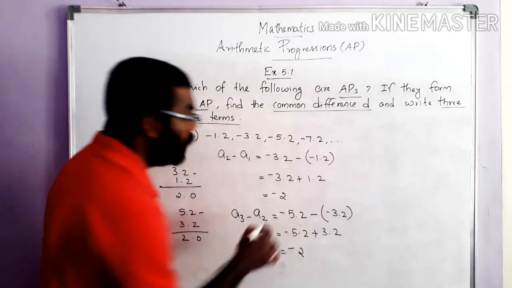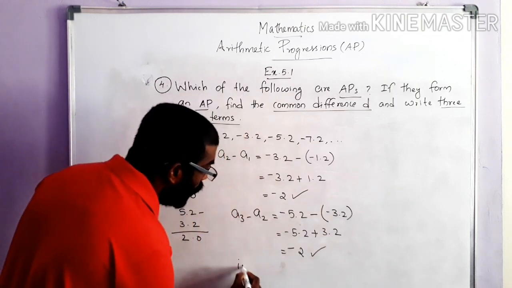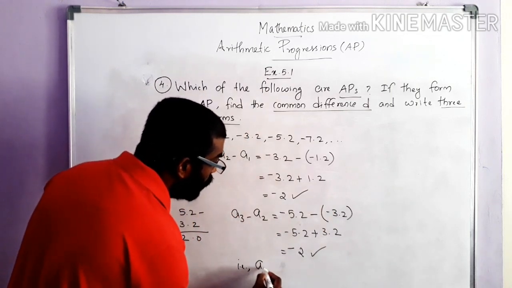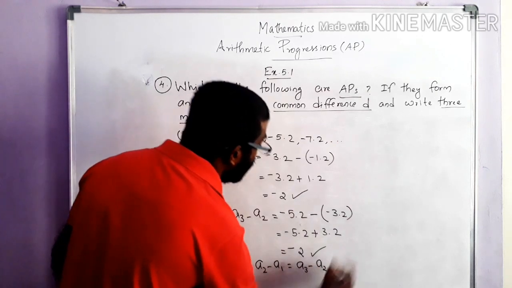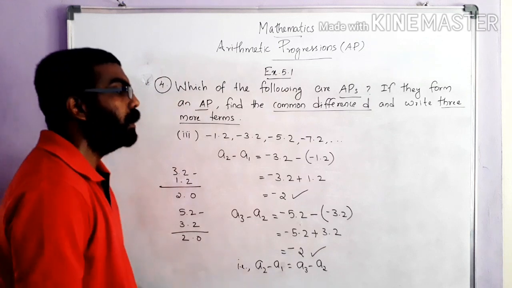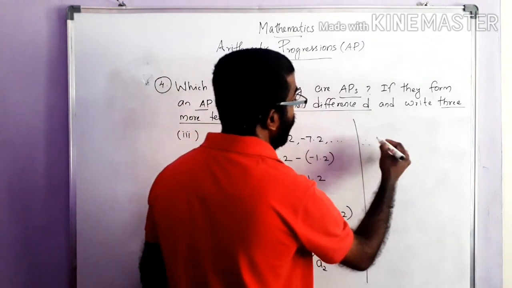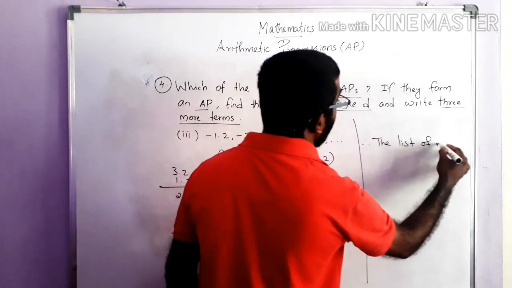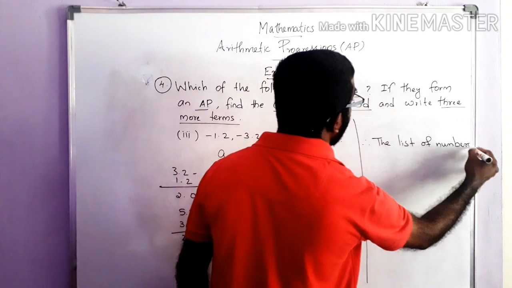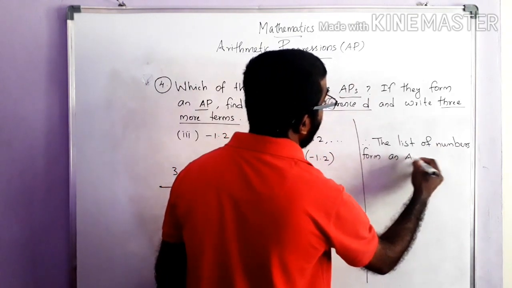Here also A2 minus A1 is equal to A3 minus A2, and we come to the conclusion that the list of numbers form an AP.